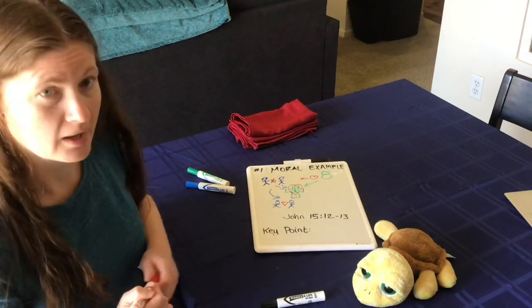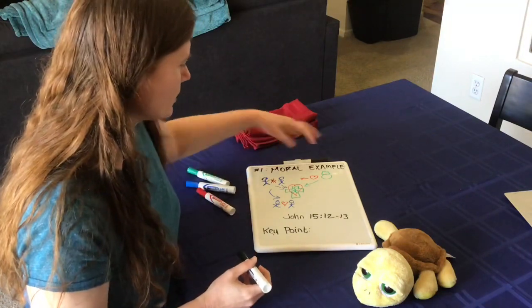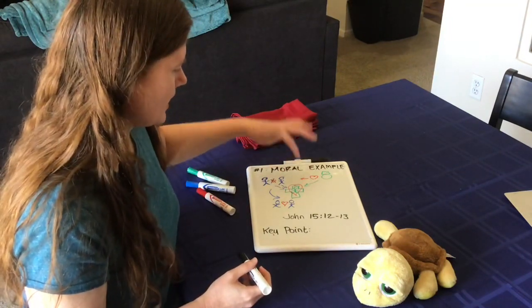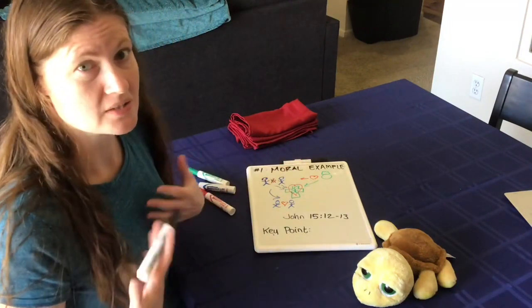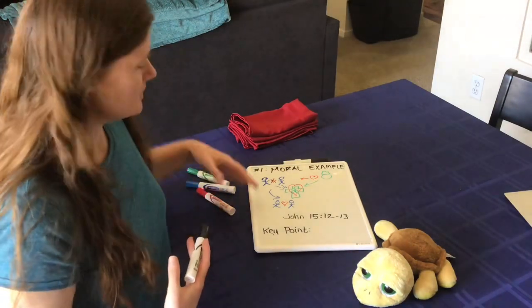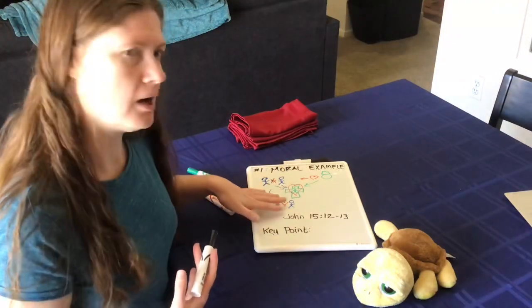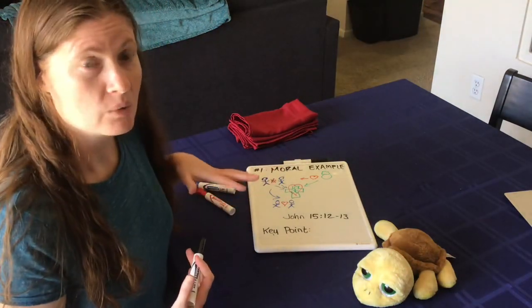And we become able to love one another. So Jesus coming and dying and laying down his life for us is the ultimate example of love that God is giving us. And by watching that and learning from that, we become able to love one another.